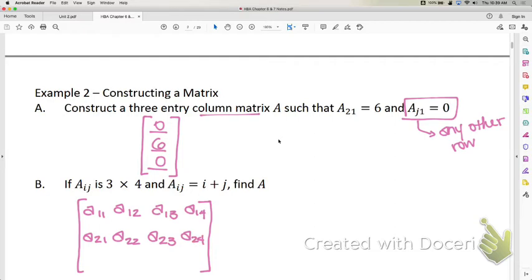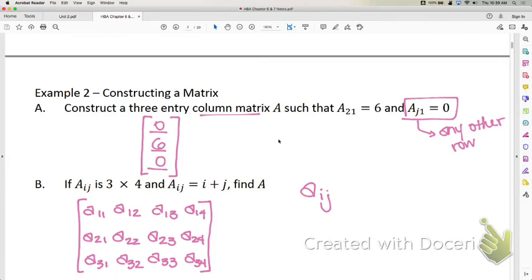Now, this is not how this is going to stay. This is just kind of my setup. After we do 1 or 2 of these, you may not have to think this way, but for the moment, I want you to think about each one of these one at a time. Okay? The generic notation for any entry is A sub I,J. I is the row number, J is the column number, right?